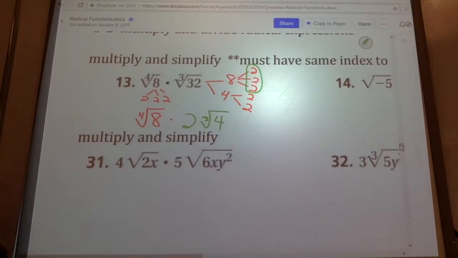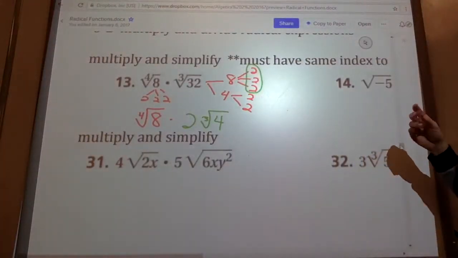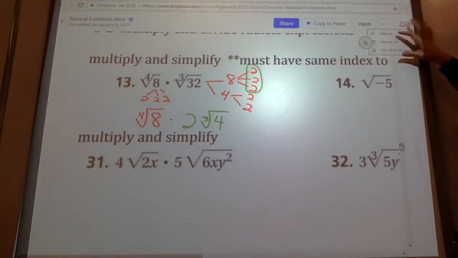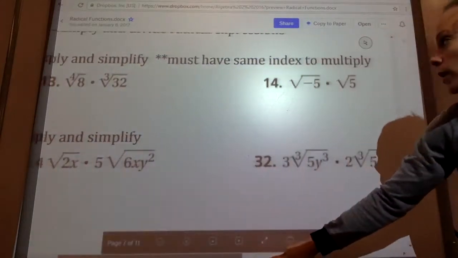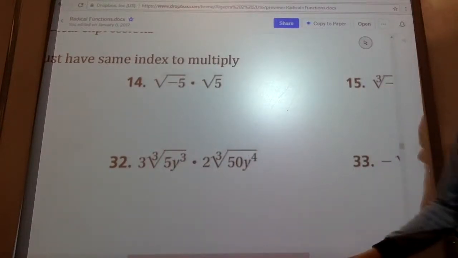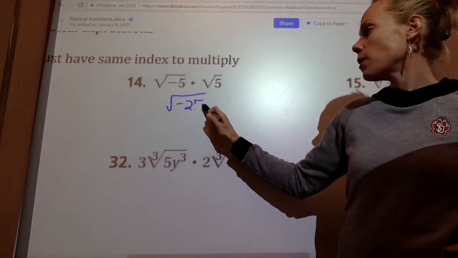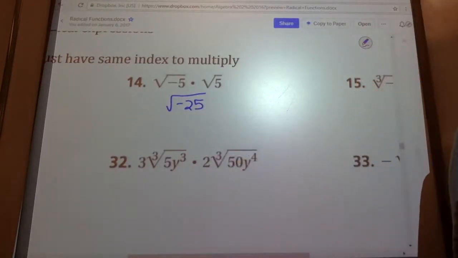The other thing you have to look out for is if you have the same index, like this next problem, they're both square roots. But what would be wrong when I multiply that? Negative 5 times 5 is negative 25. What's wrong with that?